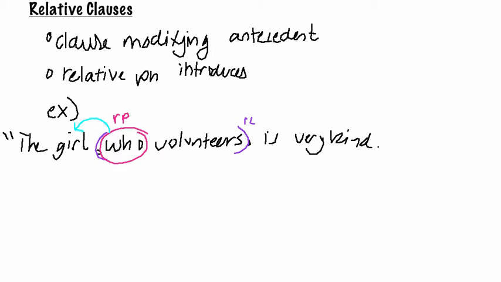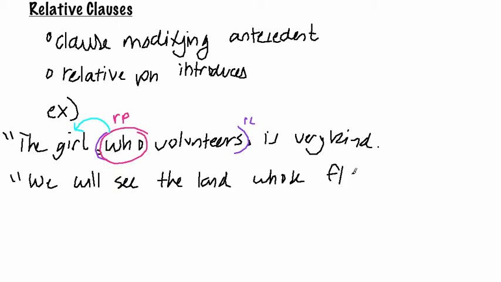Okay, so another example that I'll show you is we will see the land whose flowers are pretty. Okay, so whose flowers are pretty has a subject and verb. Flowers is the subject and pretty is the verb, excuse me.